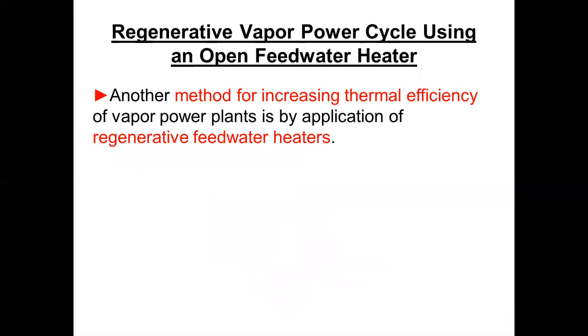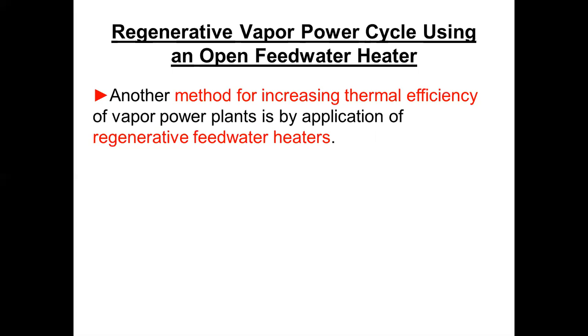Feed water heaters. Another method for increasing thermal efficiency of vapor power plants is by the application of regenerative feed water heaters. When we start using feed water heaters, the thermodynamic term is regeneration. Basically, regeneration means we're going to move some energy around in the cycle to preheat the feed water coming out of the condenser with any makeup water that we had to put in there.